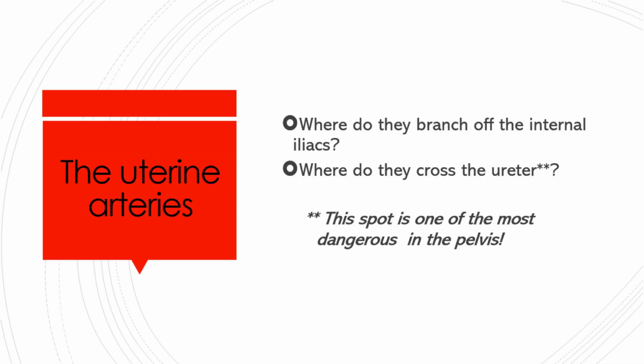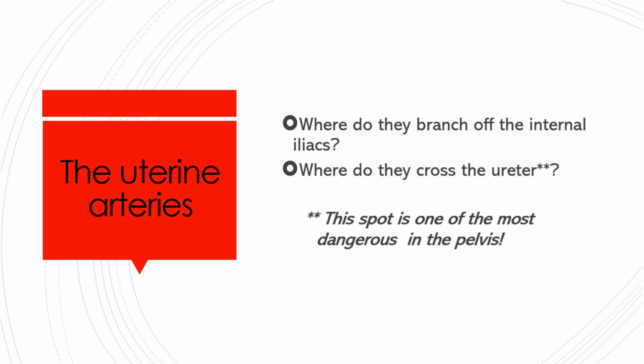The uterine artery originates from the anterior division of the internal iliac artery. It courses through the cardinal ligament to reach the uterus. The uterine artery crosses the ureter anteriorly. Remember, water under the bridge.